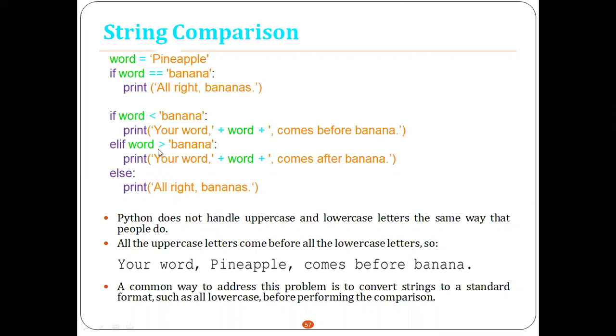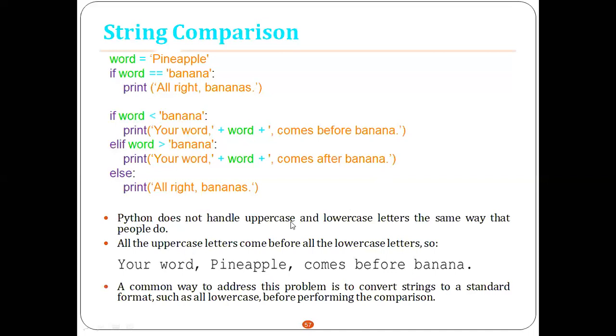That is, word is greater than banana. That's why the word pineapple comes after banana, because the small p is greater than b. That's the comparison we are doing here.